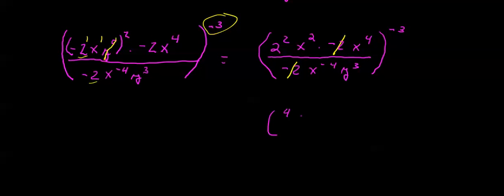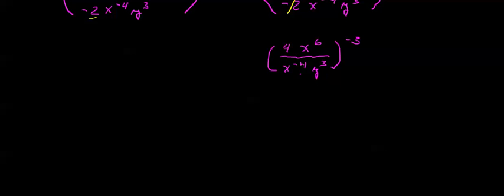That's equal to x to the 6th over x to the negative 4, y to the 3rd raised to the negative 3rd. And then, just like before, I'm going to move this up. I'm going to end up with x to the 10th.